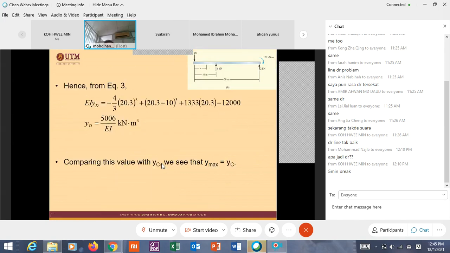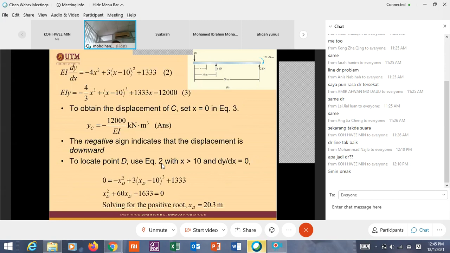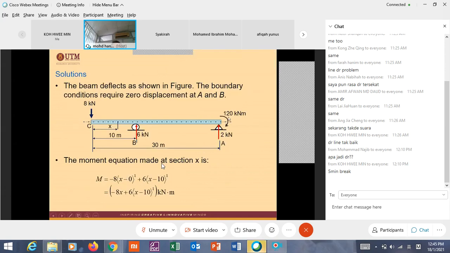So this is the answer now. As you see here, in this equation, moment is not shown here because now what we are doing is derive the equation somewhere between C and A. But 120 kilonewton has been considered, or has been taken into calculation, when we calculate the reaction.